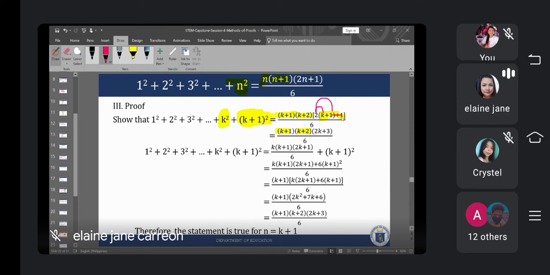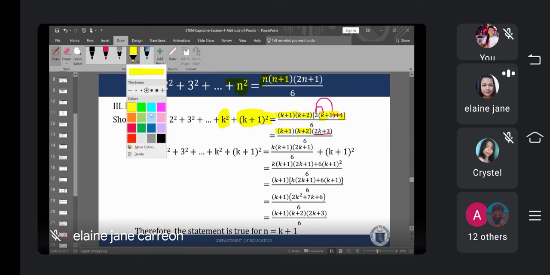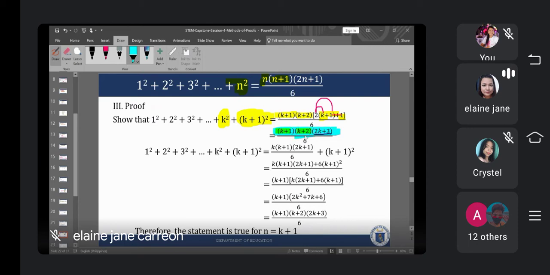Plus 1 is 3. Kaya siya naging 2k plus 3. So, this now is what we are trying to prove. So, ito yung kinukuha natin. The quantity k plus 1 times the quantity k plus 2 times the quantity 2k plus 3 over 6.